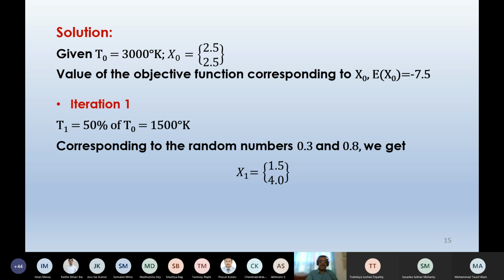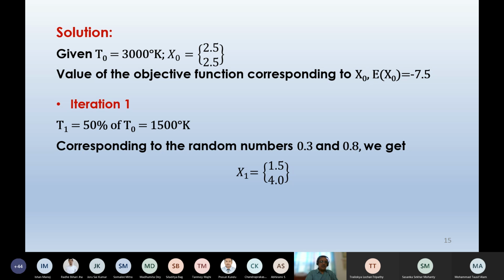Using the expression of the objective function, you can find out E of X naught. You simply substitute the values for small x1, x2, and you'll get minus 7.5. So E of X naught is minus 7.5.